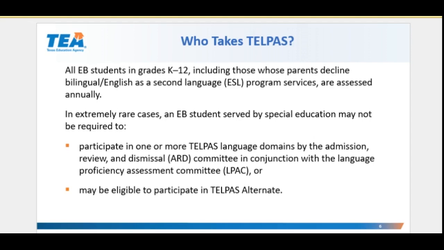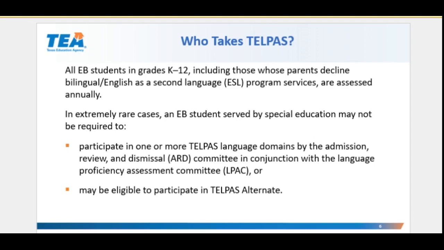In extremely rare cases, an EB student served by special education may not be required to participate in one or more TELPAS language domains by the admission, review, and dismissal committee, ARD, in conjunction with the Language Proficiency Assessment Committee, ELPAC, or may be eligible to participate in TELPAS alternate.